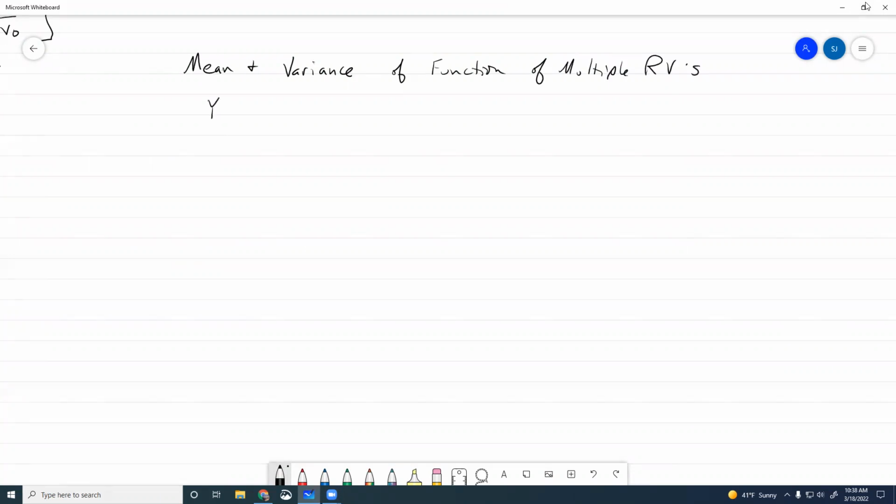So say we have a function y, equal to a function of many random variables, x1, x2, x3, all the way to xn. Each one of these is a random variable. Obviously, we're going to have trouble coming up with an analytical solution for multiple random variables, but we can calculate the mean and variance of them.